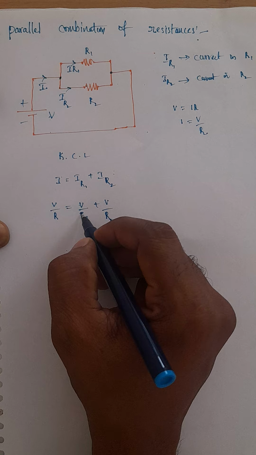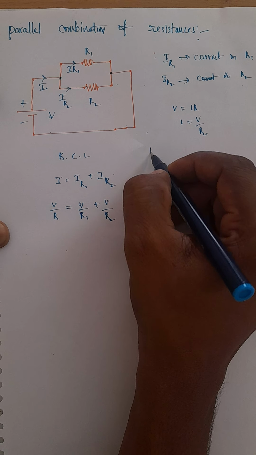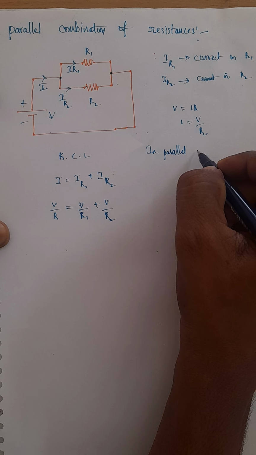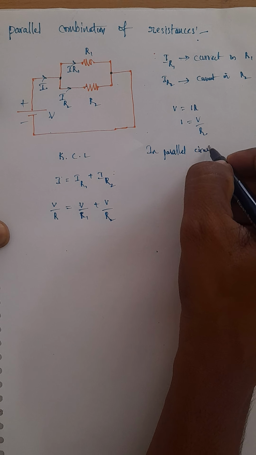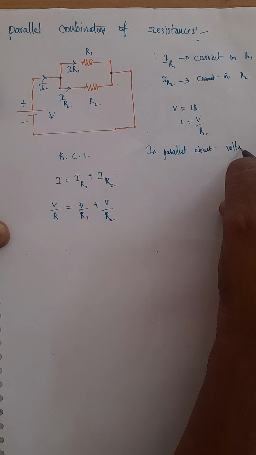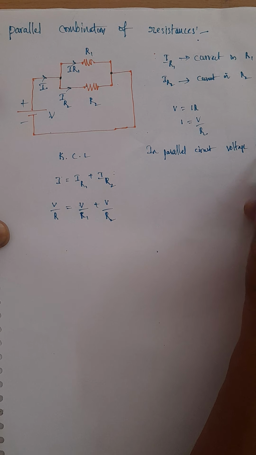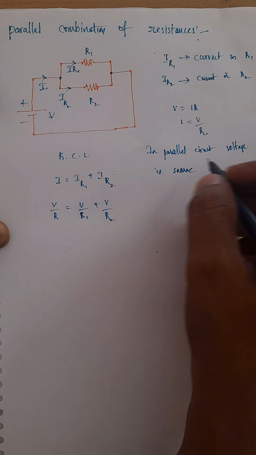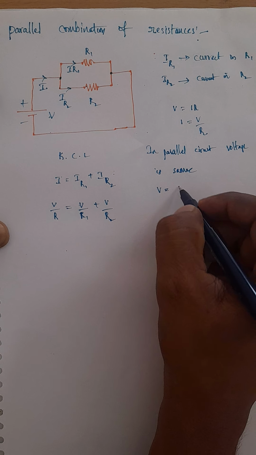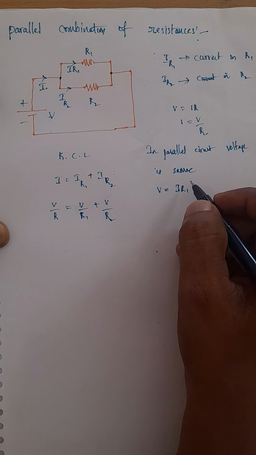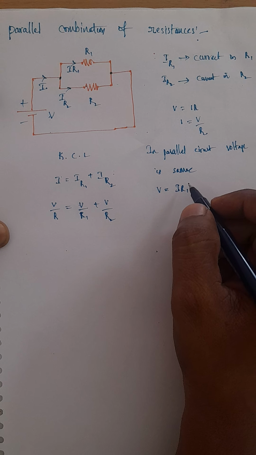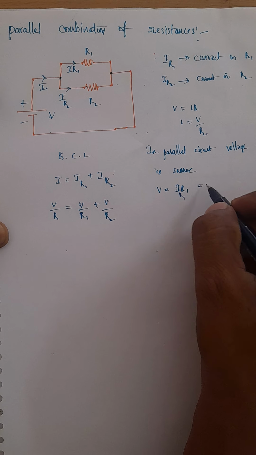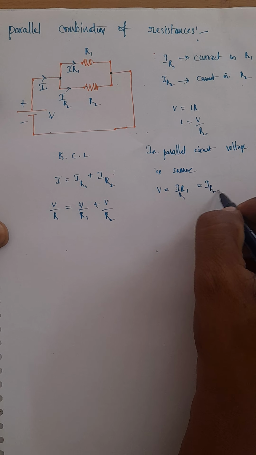One more important point: in a parallel circuit the voltage drop is the same. That is, V is equal to I R1 times R1, which is also equal to IR2 into the R2 resistance.